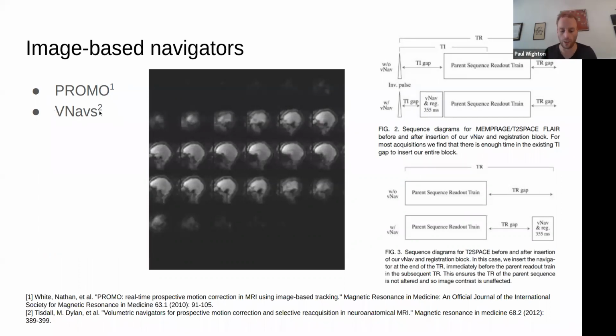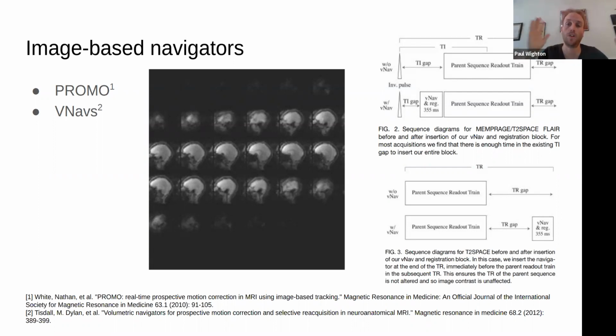So essentially, what you're doing is you're taking your sequence, whether it be an MPRAGE or a T2 SPACE, and you're inserting a tiny little BOLD sequence into that, so that you can do the exact same thing that PACE does. You collect a low resolution image, you register it to the first one, and then you play your parent sequence, play another navigator, and do the same thing.